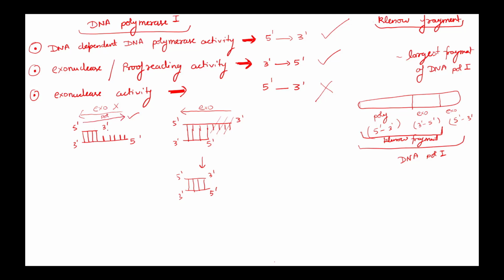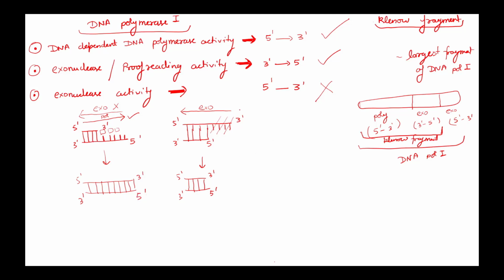Okay, so it will add the new bases here in the DNA, and it will make the double stranded DNA, and then also it will produce those blunt ends. Okay, the main function is producing the blunt end.